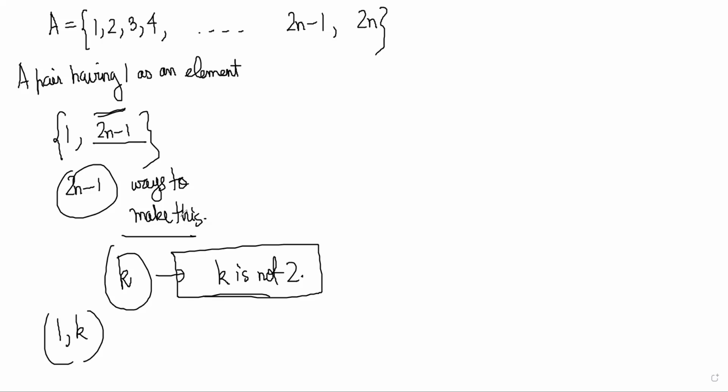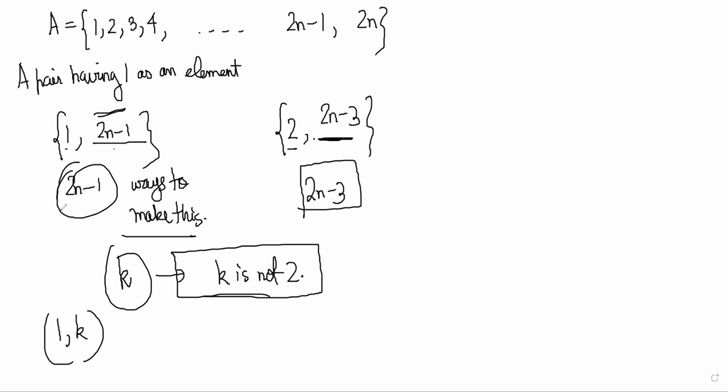If k is not 2, then the next pair can start with 2, right? You cannot repeat it. So the next one can start with 2, and then how many options are left here? 2n minus 3, because 1 and k and 2 have to be excluded. So 2n minus 3 ways to make the second pair.